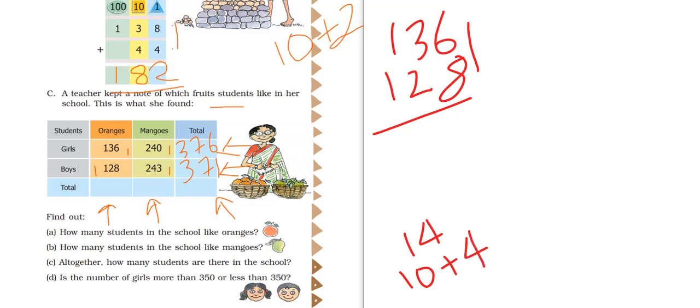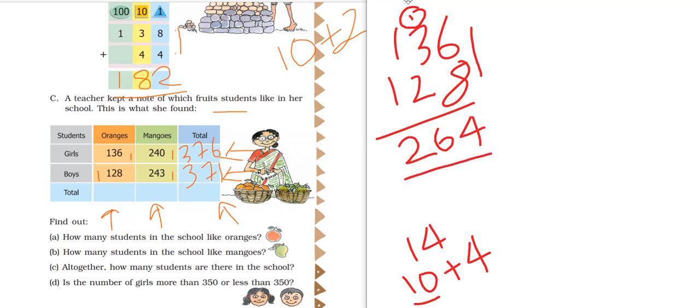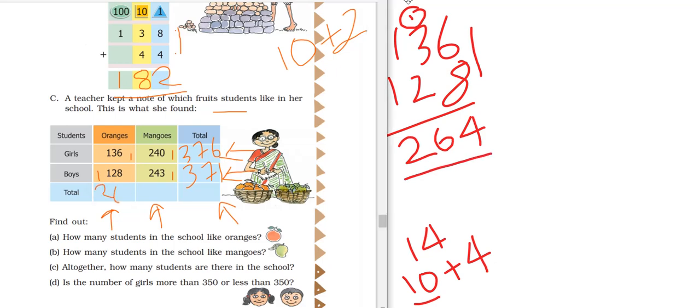Let's put the 4 ones in the ones column and take this 10 to the tens column as a carry forward. So that's a total of 6 tens and 2 hundreds. 1 plus 1 is 2 hundreds. So you get 264. Right?